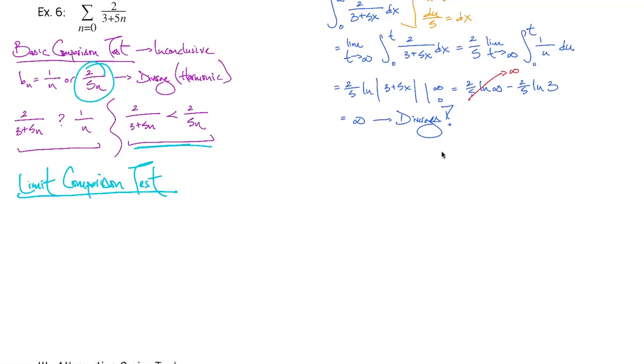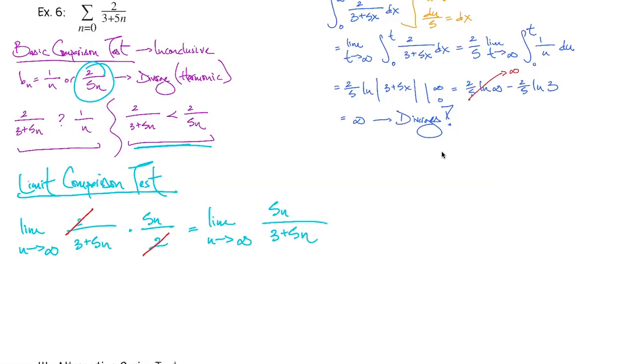So if we set that up, we'll get the limit as n approaches infinity of a sub n times the reciprocal of b sub n. From here, we can see that this 2 and that 2 reduce, and we end up with the limit as n approaches infinity of 5n over 3 plus 5n.